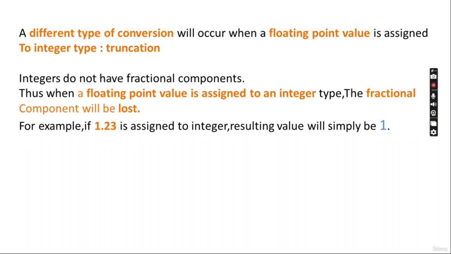So whatever is written after the decimal point will be removed, and only the main part will be saved in the integer variable. When a floating point value is assigned to an integer type, the fractional component will be lost. For example, if you want to convert 1.23 to integer, only 1 will be saved to the left side of the equal to sign.